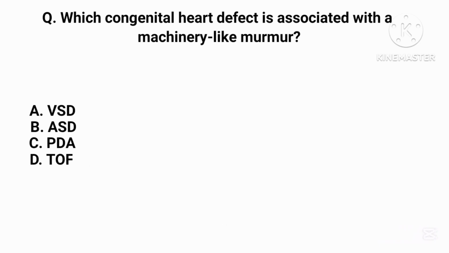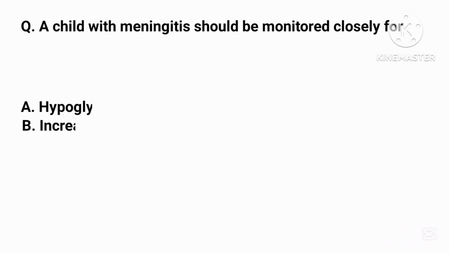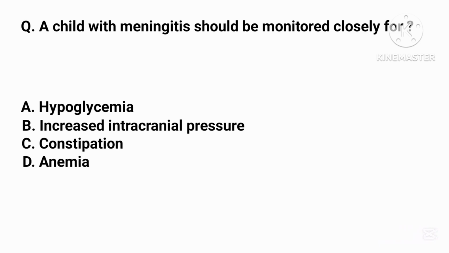Which congenital heart defect is associated with a machinery-like murmur? Correct answer is option C, PDA. A child with meningitis should be monitored closely for. Correct answer is option C, increased intracranial pressure.